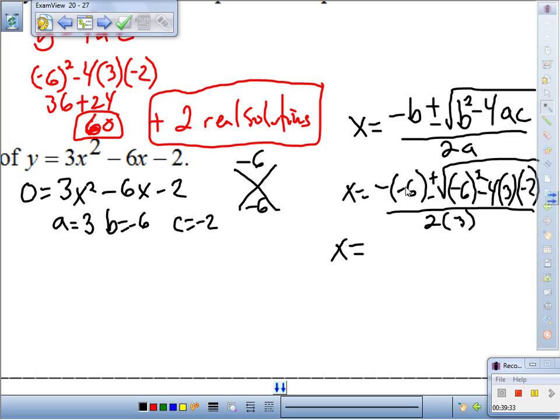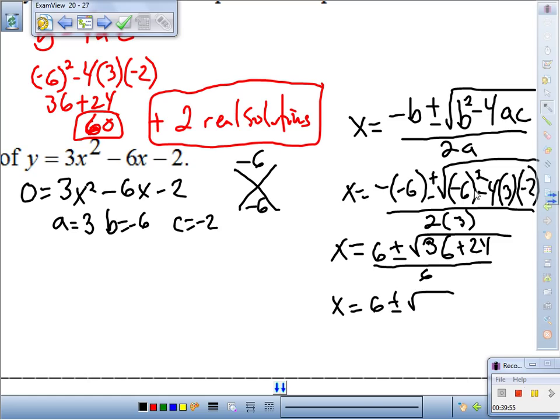X equals, negative times the negative is a positive 6 plus minus square root. Negative 6 squared is 36. Negative, and a negative is a positive 24 over 6. X equals 6 plus minus square root of 36 plus 24, that's 60, over 6.